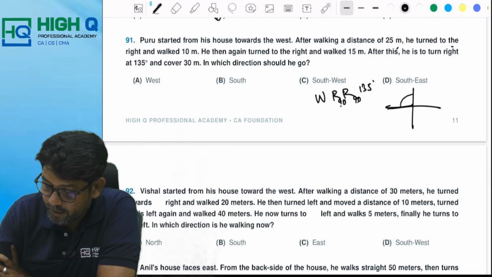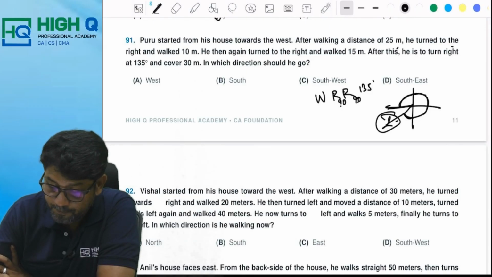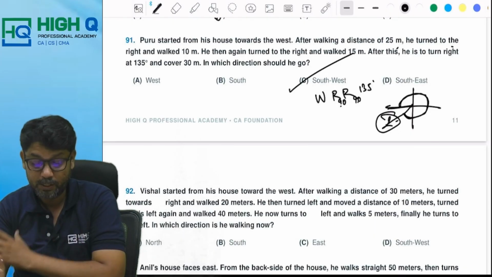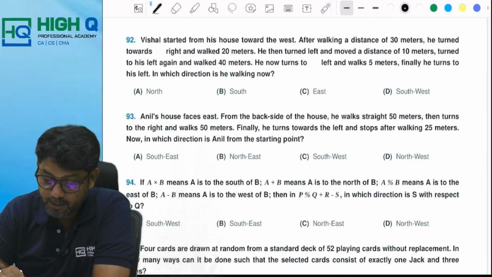Now he is moving towards this side, right? Now 315 degrees, if we come here, he will be here, my dear. So what is this direction? This is 315 degree: 90, 180, 270 and 315 degree. Of course, this is southwest. Answer is southwest.